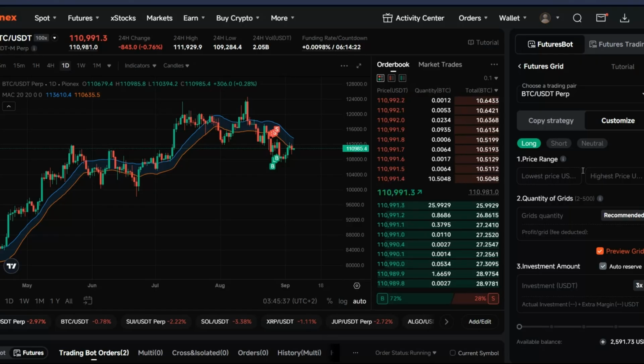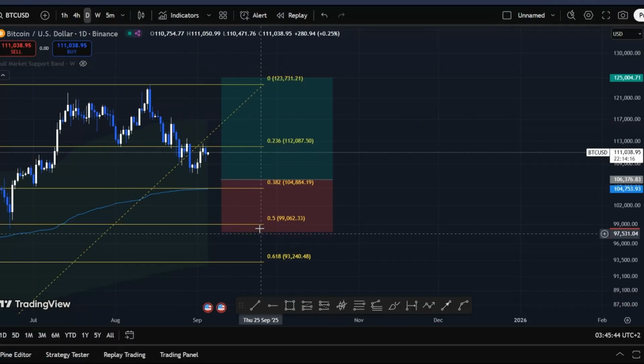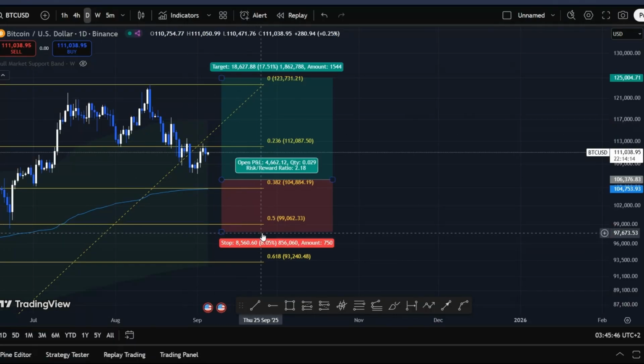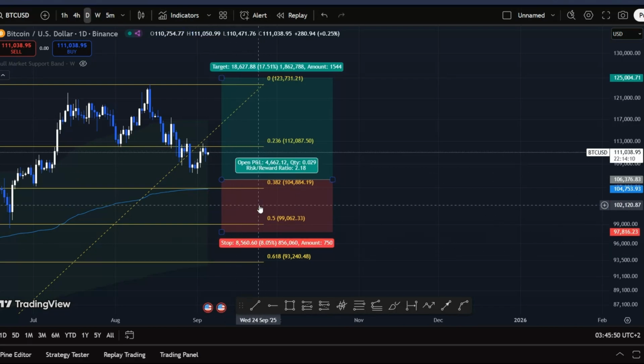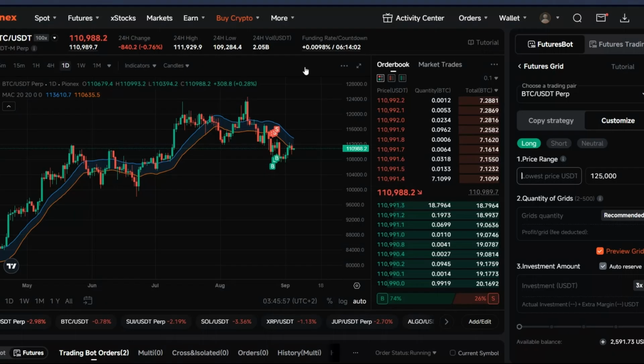Now, price range. As I said, the top is going to be 125, and the lowest price is not going to be this. This is just a security mechanism in case the price goes against me. But I think Bitcoin will stop around 100, to be honest.